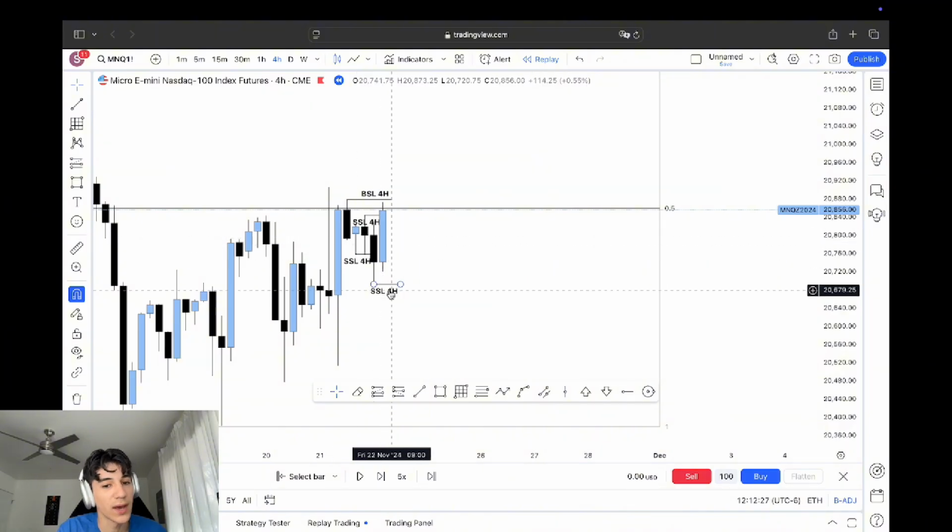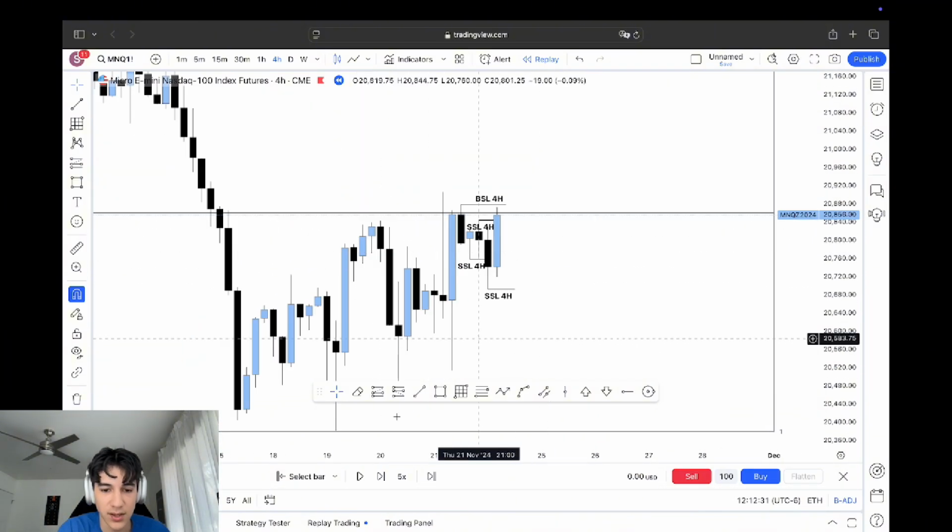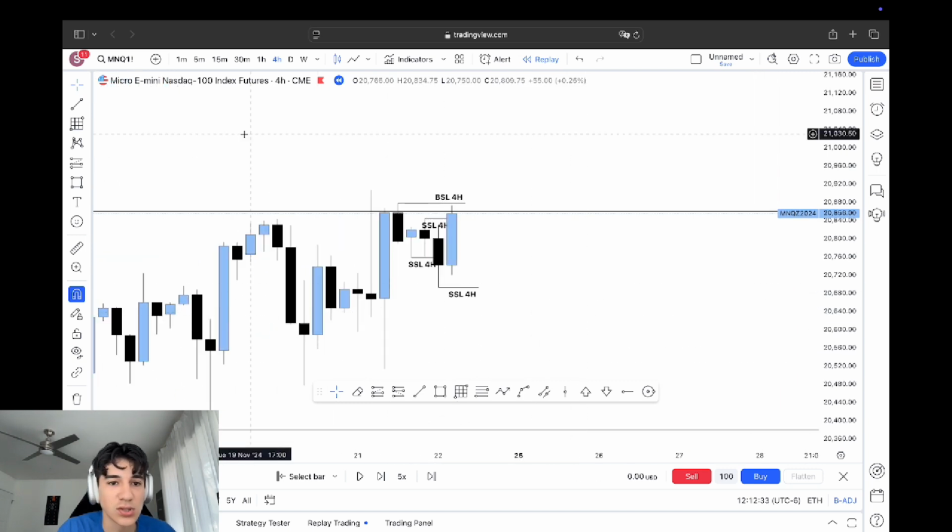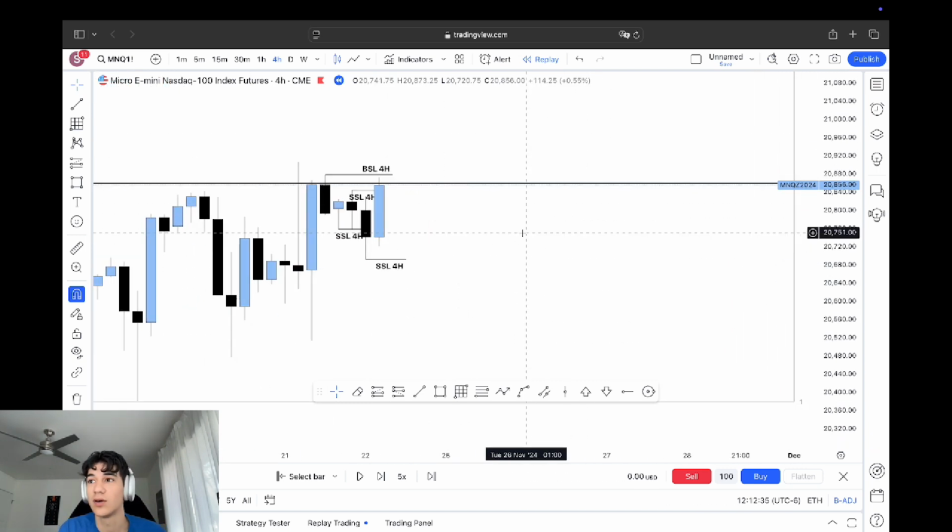Because it's just two downs, but then we get a down and then an up, therefore sell side right there. And liquidity you can just use as a draw, or like a magnet to price. Think of it as a magnet for price.